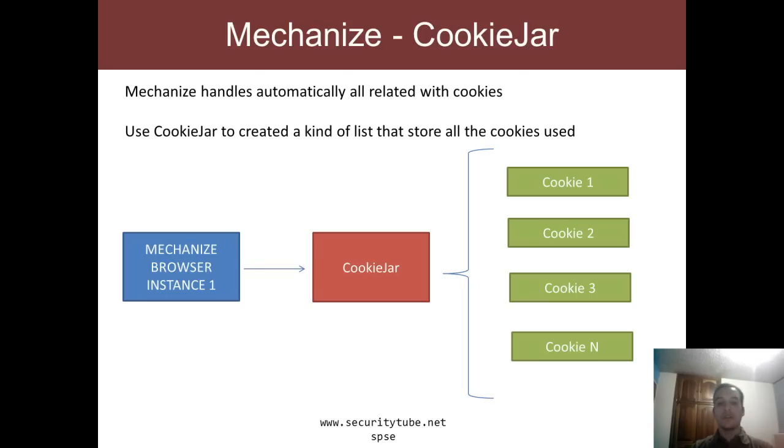We don't need to be worried about this. Now, if we want to obtain all this info about the cookies, we need to use the CookieJar. The CookieJar creates a kind of list that stores all the cookies used by the Mechanize browser.